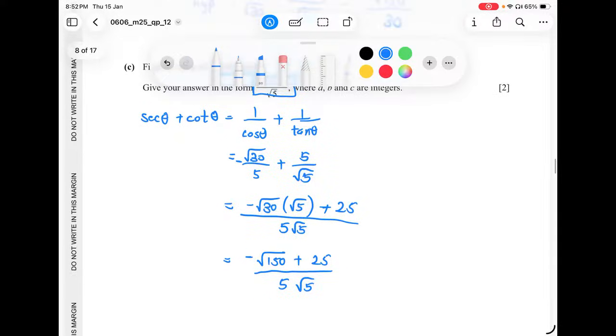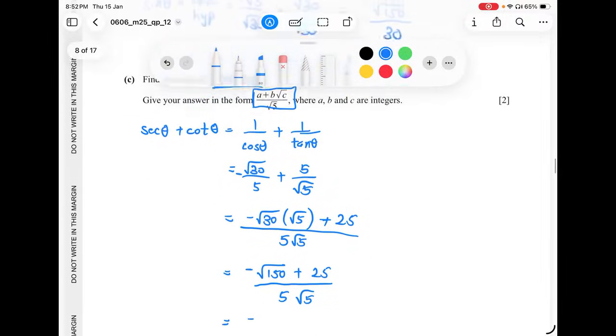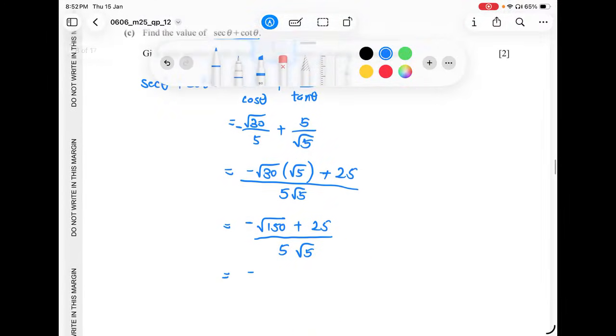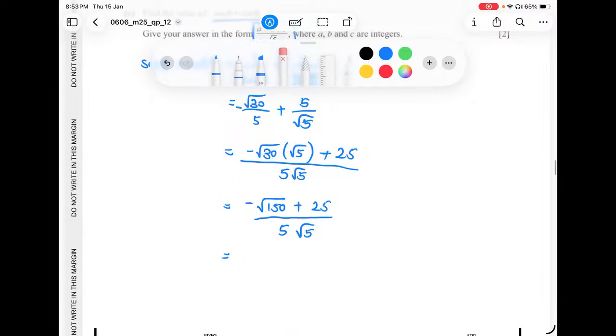So now you just need root 5 in the bottom. So 150 is basically 30 times 5. Okay, wait. 6 times 25 is 150.